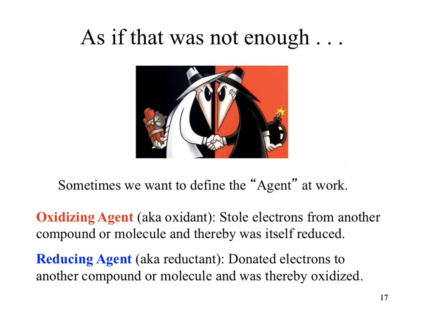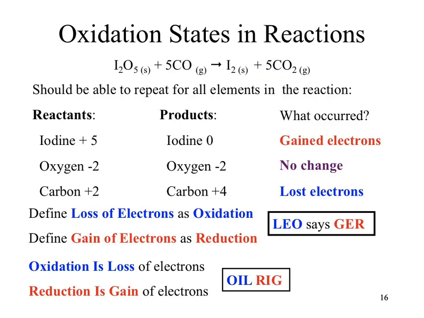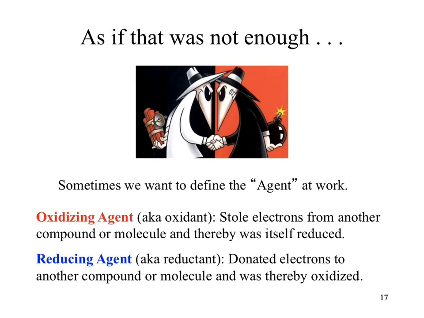Okay. One more thing I want to review. We could go through and look at what was reduced and what was oxidized, and we just apply those definitions that we already had. So if something lost electrons, it was oxidized. If something gained electrons, it was reduced. Nice and simple. Okay? But what ends up happening is we add this other idea into it, and instead of looking at oxidized and reduced, we look at oxidizing agents and reducing agents.